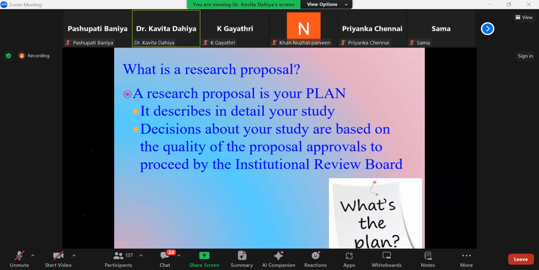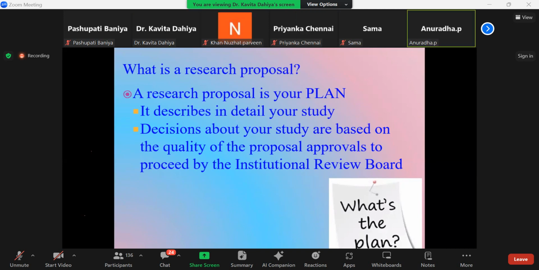If I am talking about the direct stakeholder, then you are associated with an institution which is giving sponsorship or funds to your research. Then you need to get approval for that research through this research proposal.